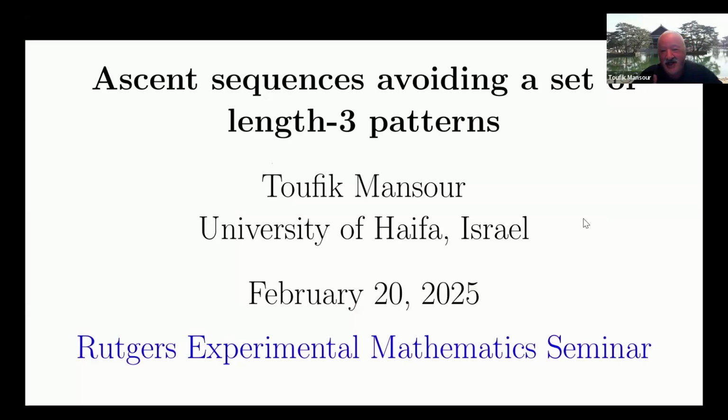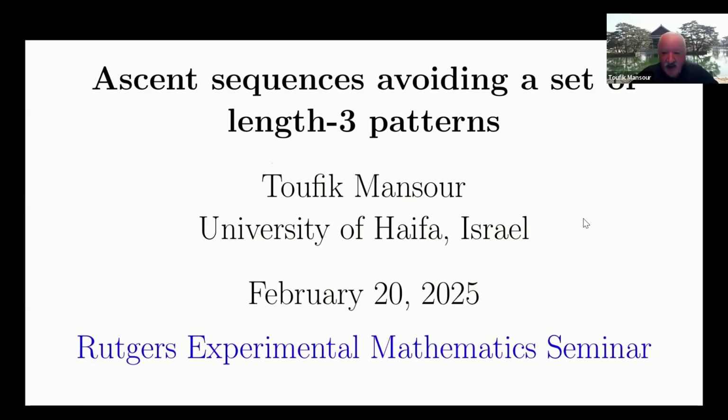Actually, I can suggest another title for the talk: Magically How to Count. That means what I will present to you about ascent sequences can be applied to other families of combinatorics. For example, inversion sequences, weak ascent sequences, set partitions, k-ary words, signed inversion sequences, signed permutations, and so on.